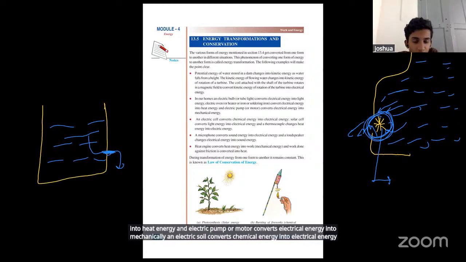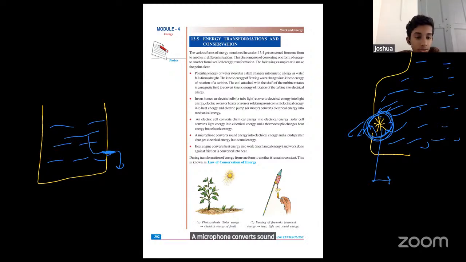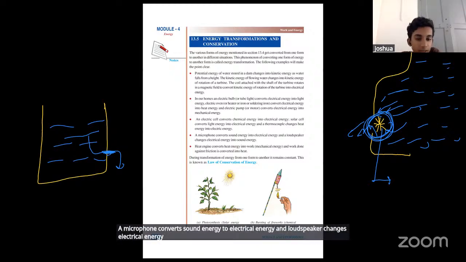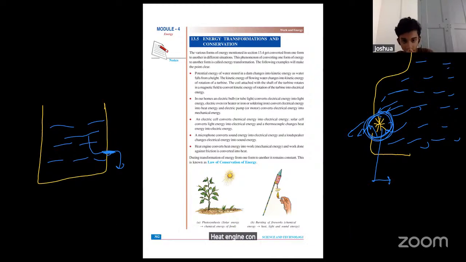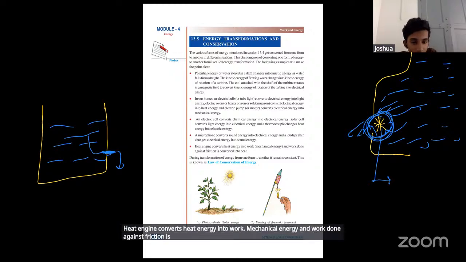A solar cell converts light energy into electrical energy, and a thermocouple changes heat energy into electrical energy. A microphone converts sound energy into electrical energy, and a loudspeaker changes electrical energy into sound energy. A heat engine converts heat energy into mechanical work, and work done against friction is converted into heat.